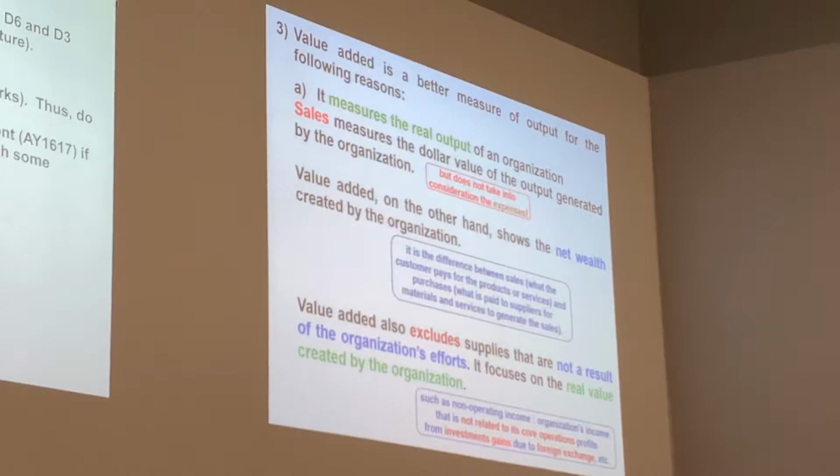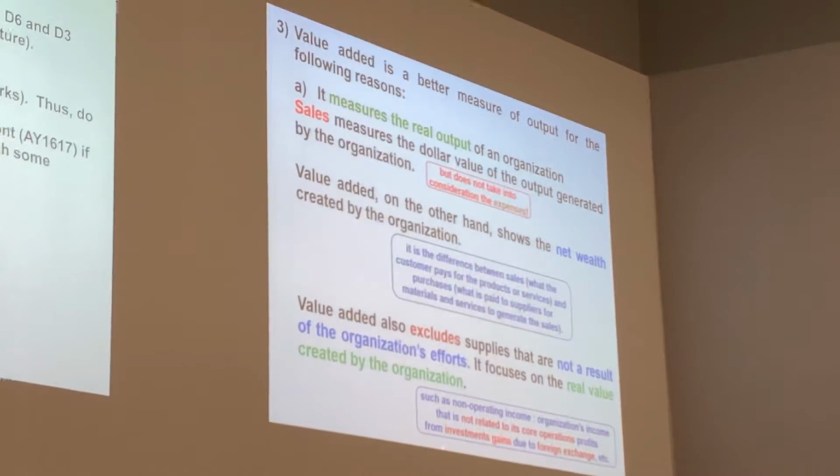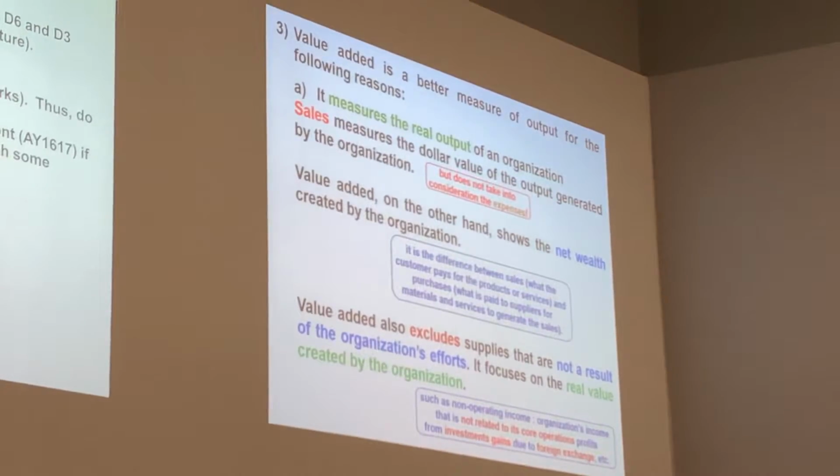No, right? So value added is useful because it gives you a very clear picture of how your organization's main activity is performing in terms of net wealth creation, excluding non-related things.